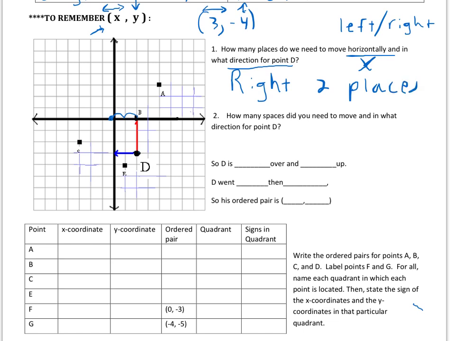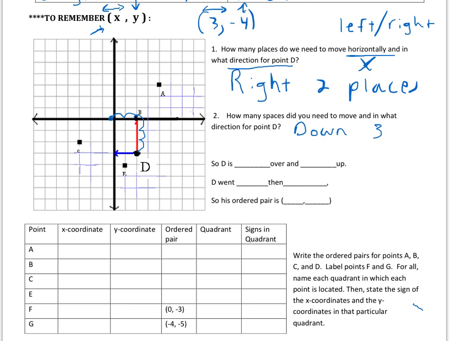Question number 2: how many spaces did you need to move and in what direction for point D? To get to point D now, again, we start where we left off. We're starting right here and we would need to go down 1, 2, 3. So I would just say down 3.